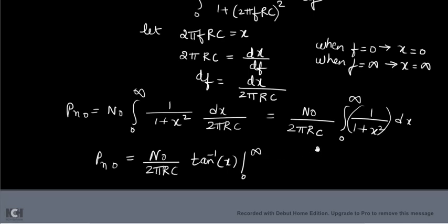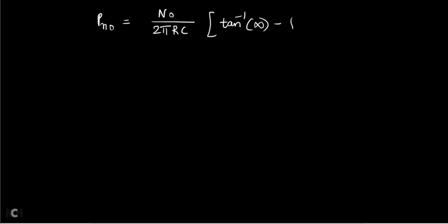Remember, integration of 1 by 1 plus x square, in mathematics you have studied in PUC, is tan inverse of x. Limits you put from 0 to infinity. Now what happens if you simplify it further? You will get Pn0 is equal to N naught divided by 2 pi RC, upper limit minus lower limit, tan inverse of infinity minus tan inverse of 0.